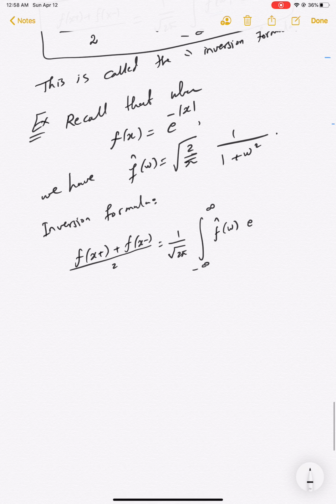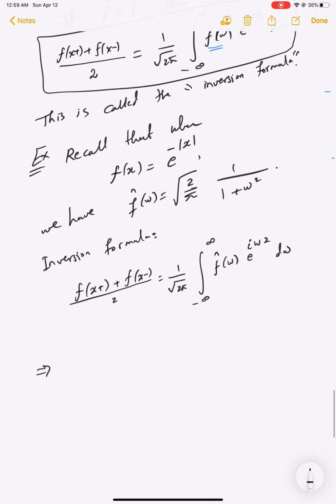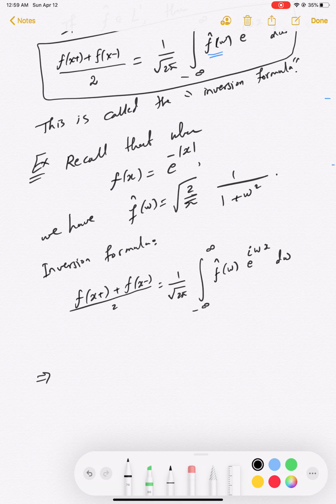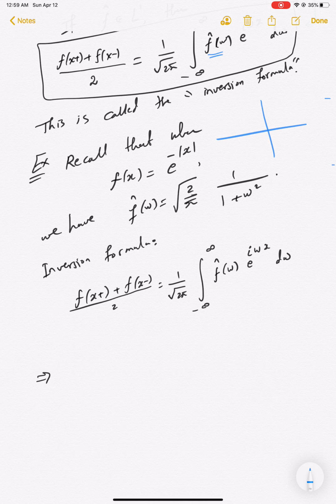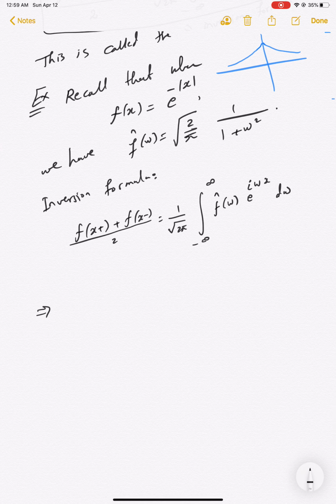Now in my example, the function e to the minus absolute value of x, if you draw this function, it's something like this. So basically it is a continuous function. If it's a continuous function, then you don't need to write the limits from left and right. It's just the function itself.